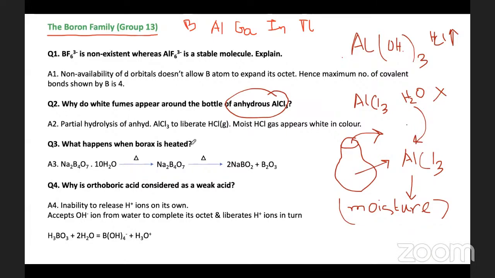That hydrolysis triggers the formation of HCl gas. Now this moist HCl gas appears white in color. That's why whenever we see bottles of anhydrous AlCl3, we see white fumes appearing around the bottle.